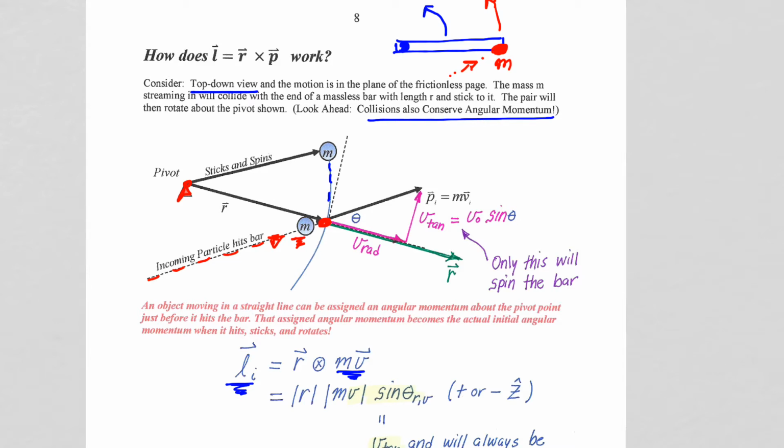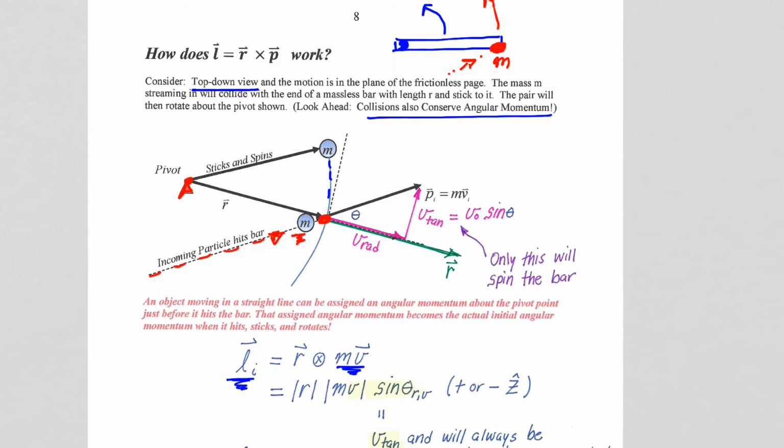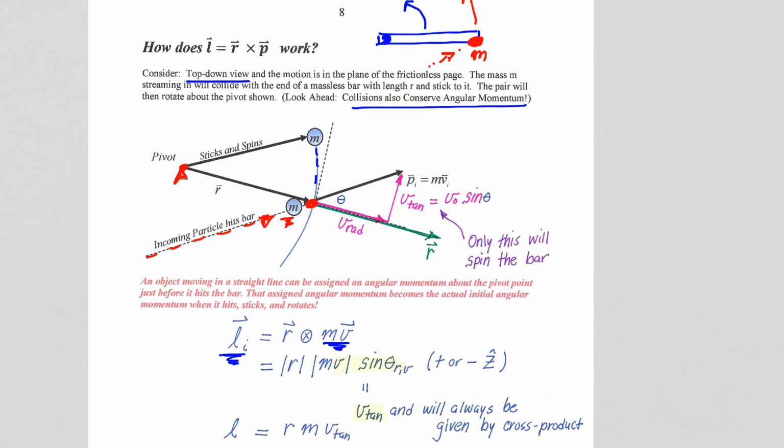But first, we're going to give this assigned value, which is R cross P, R cross MV, and let's see why that works out. Hopefully it will make sense, because I think this is somewhat intuitive in terms of what would have to happen for a mass M to hit the end of the bar and spin it in a circle. Well, the R cross P is R cross MV, as we said in our previous lesson. So that's the P vector, if you want to put that in.